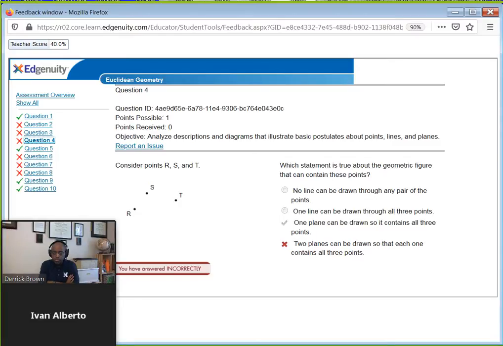A plane contains at least three non-collinear points. So I thought I'd have to take two planes, because I didn't see how one of them could contain all three.